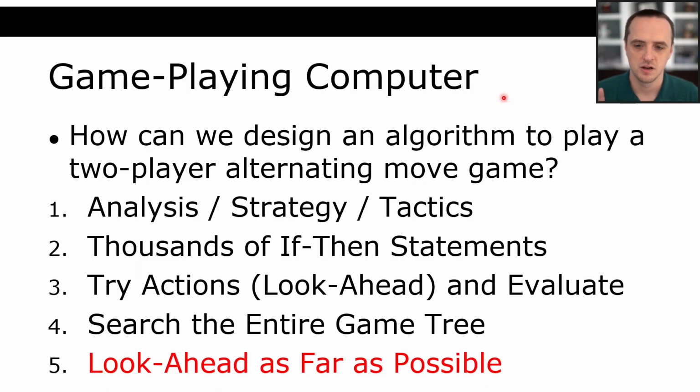So we said, okay, let's try to look ahead one depth, right? That didn't work because we want to analyze more things, but we can't search the entire game tree. So I think the natural place to fall is somewhere in the middle, which is let's look ahead as far as we can. And what does as far as we can mean? Well, it means whatever our resources are capable of doing.